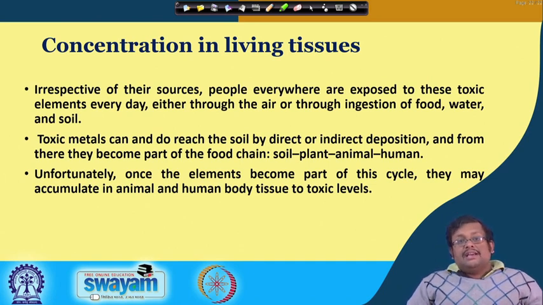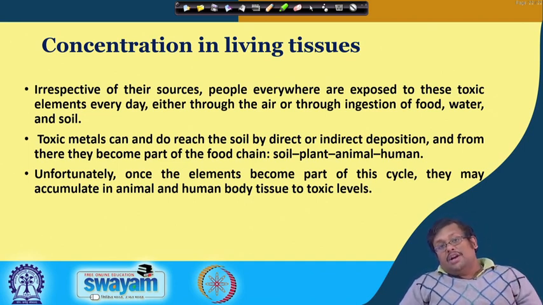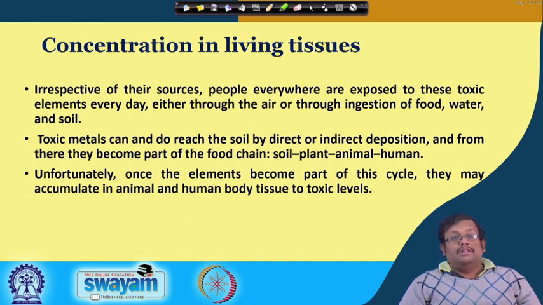Toxic metals do reach the soil by direct or indirect deposits, and from there they become a part of the food chain. This movement occurs from soil to plant, plant to animal, and animal to human. Unfortunately, once the element becomes part of the cycle, they may accumulate in animal and human body tissues to toxic levels.